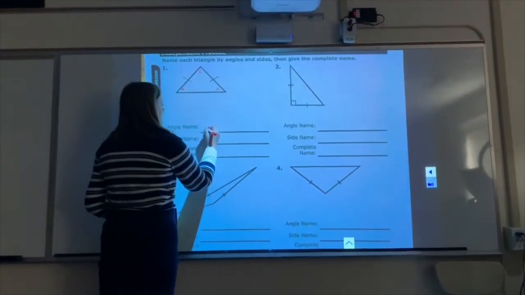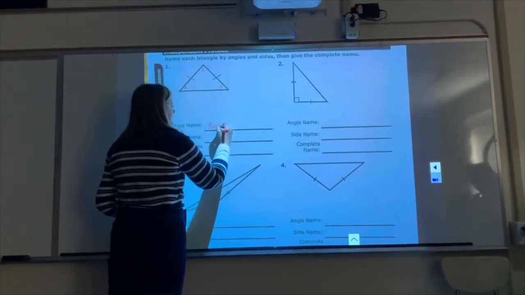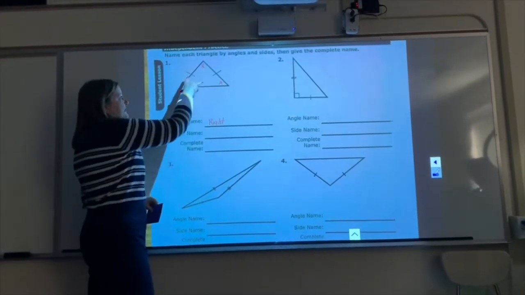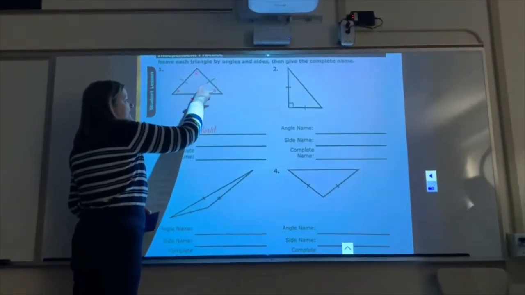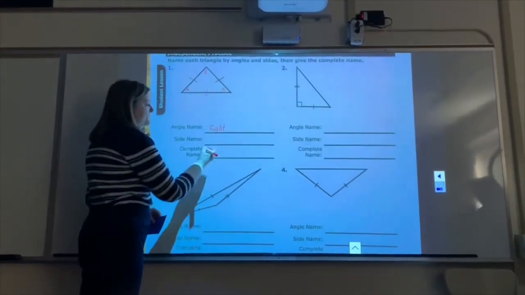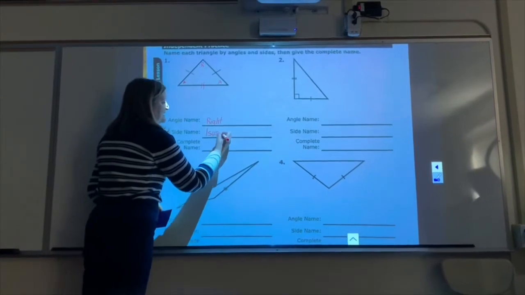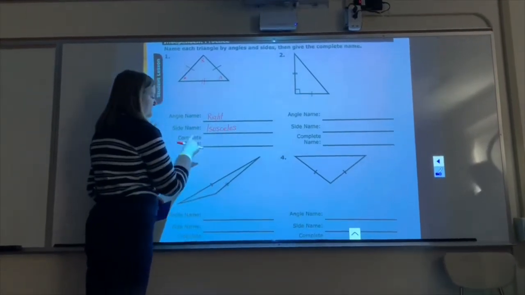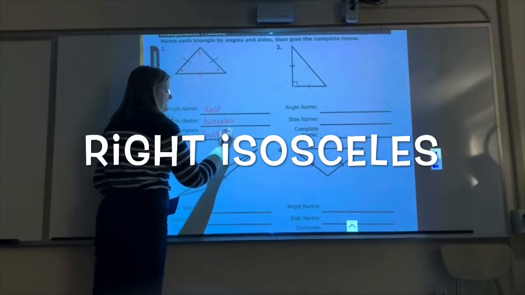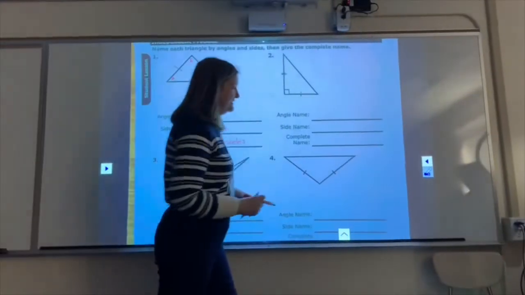So the angle name would be right triangle. Now let's look at the sides. It has marked right here that these 2 are the same, which means that this one then is different. When 2 of them are the same, it is isosceles. So the complete name would be right isosceles.